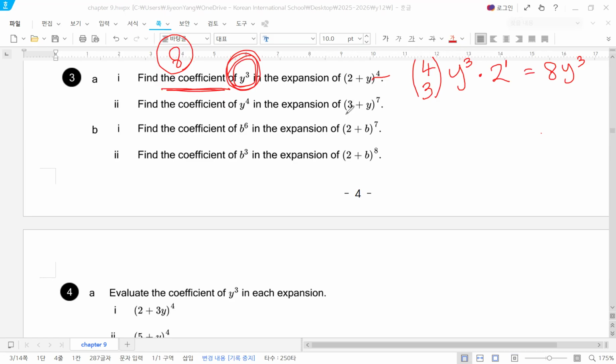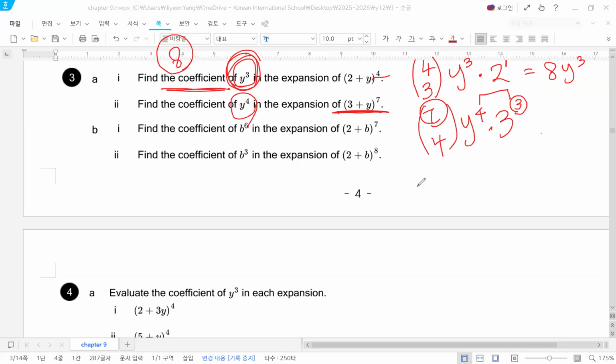Question number 2 again. What is n? 7, and y to the power of 4. Therefore here 4, y to the power of 4, and the other one is 3, right? How many 3's? 3. Do you understand? Because you need to add them up to make this one.